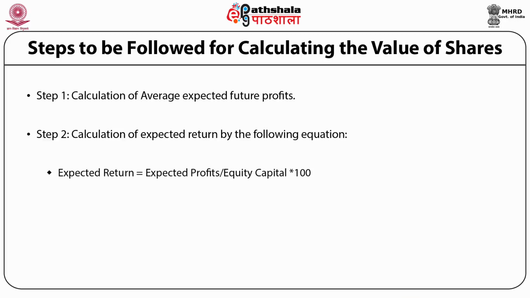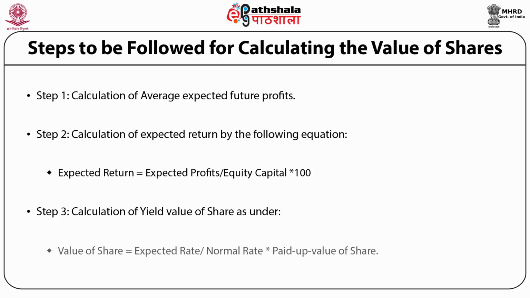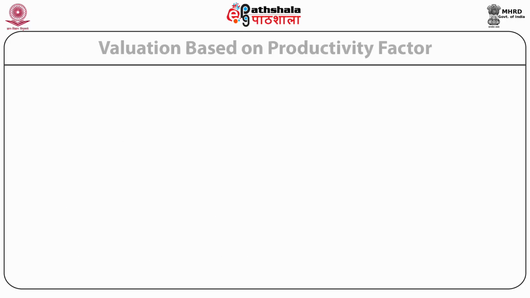Expected return is equal to expected profits divided by equity capital multiplied by 100. Step number 3. Calculation of yield value of share is done with the following formula. Value of share is equal to expected rate divided by normal rate multiplied by paid up value of share.